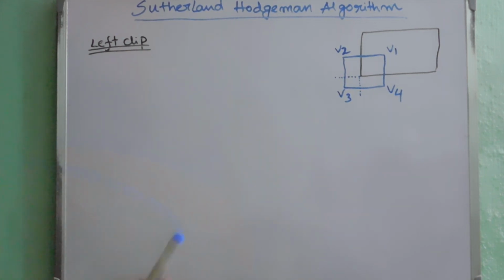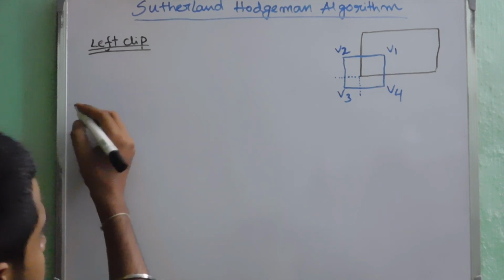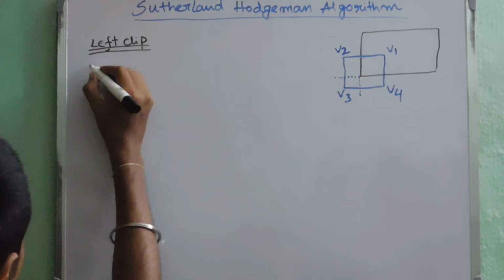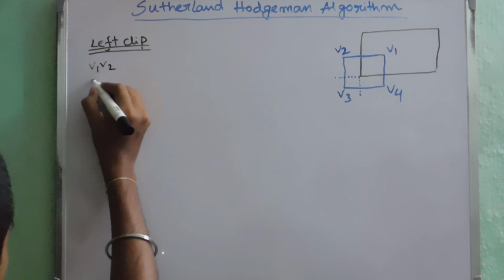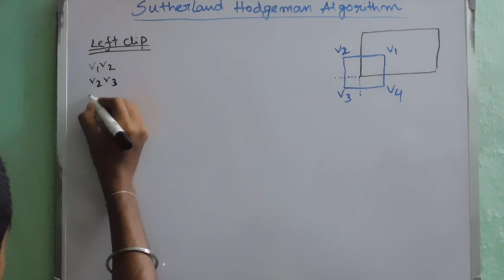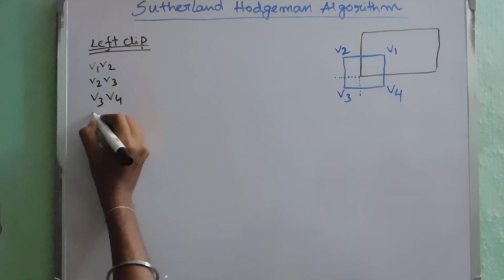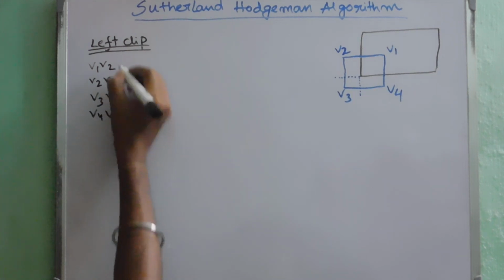For each edge we need to perform the 4 cases that I mentioned a few minutes ago. So I will write down the edges first: V1 V2, then V2 V3, then V3 V4 and finally V4 V1.